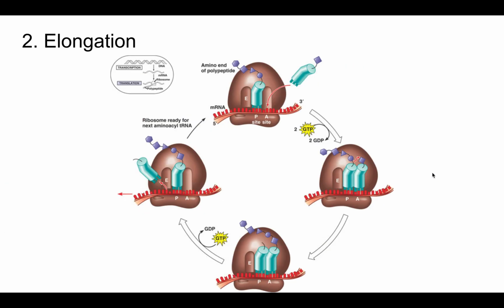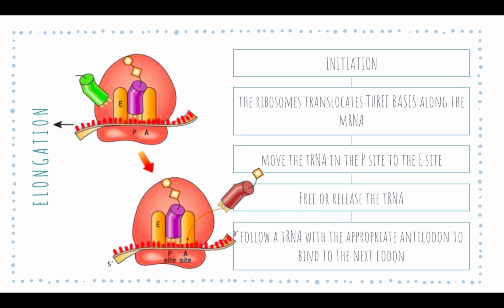Next, elongation is just translating your mRNA code one codon at a time, as we have seen in the animation. So it translocates. Translocate means reading codon per codon, 3 bases at a time.